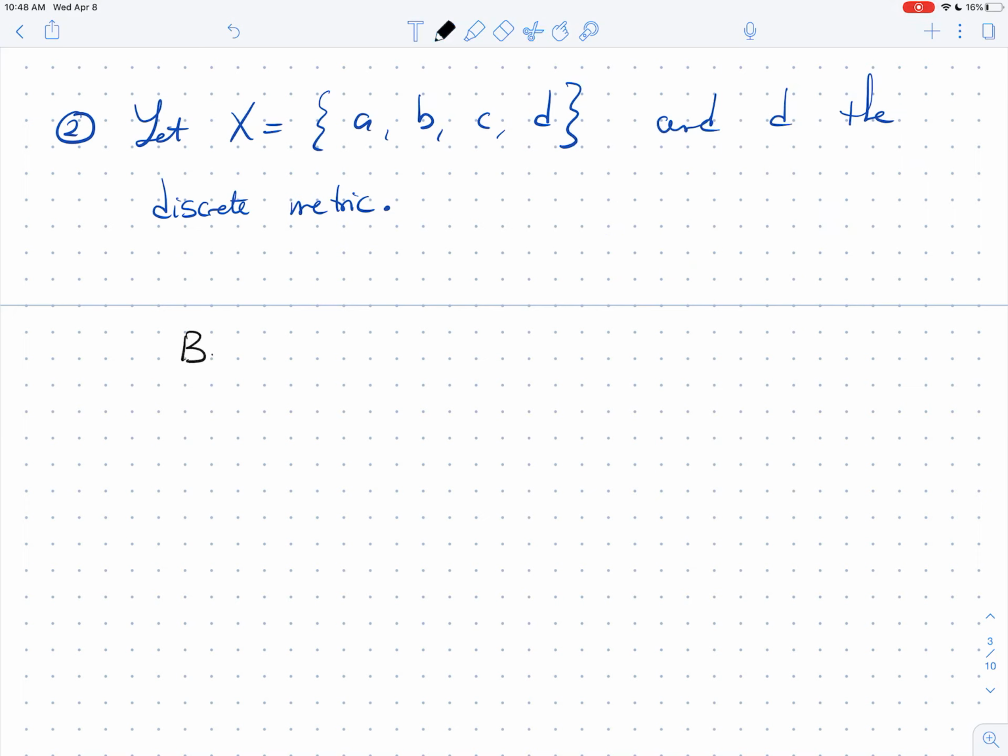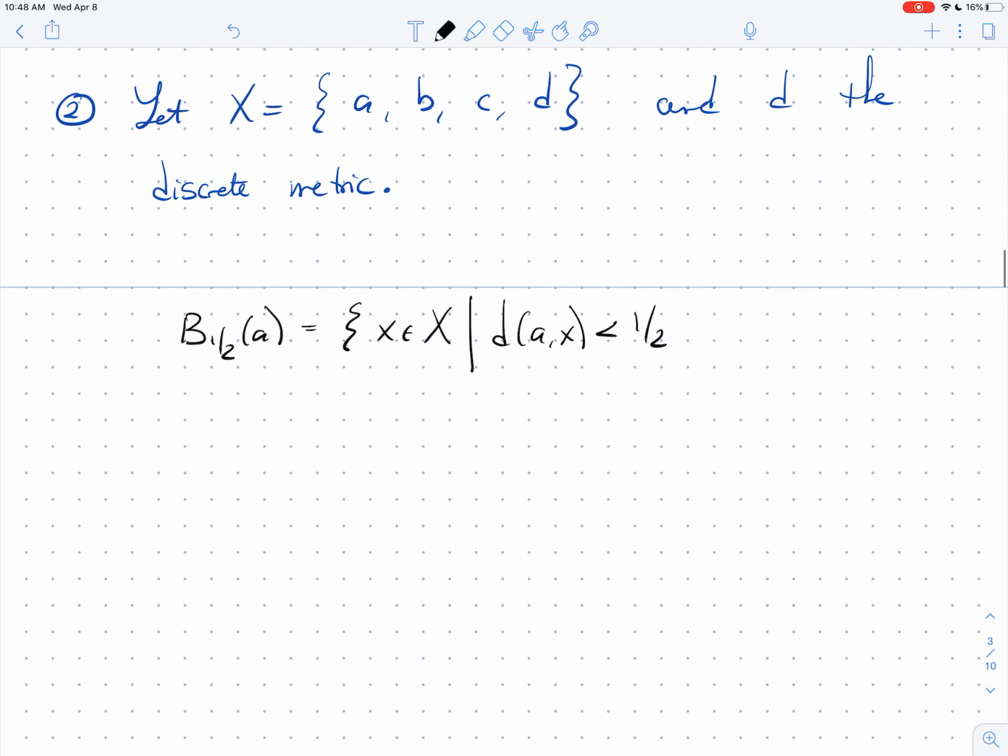Let's write down a couple of these open balls. So what's the open ball of radius 1/2 centered at A? Well, by definition, it's the set of elements little x in our set big X such that the distance between A and x is less than 1/2, right? And so we think about it and we say, well, gosh, my distances are either 0 or 1.